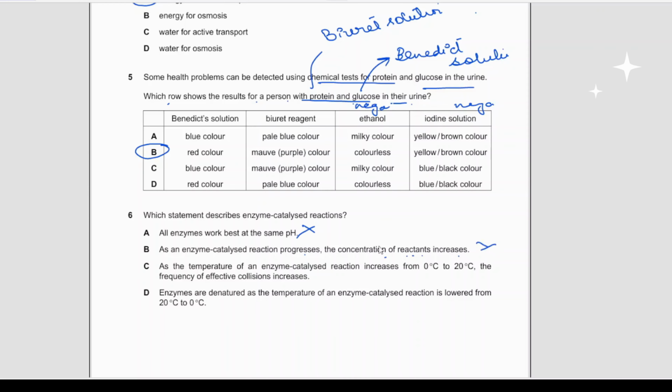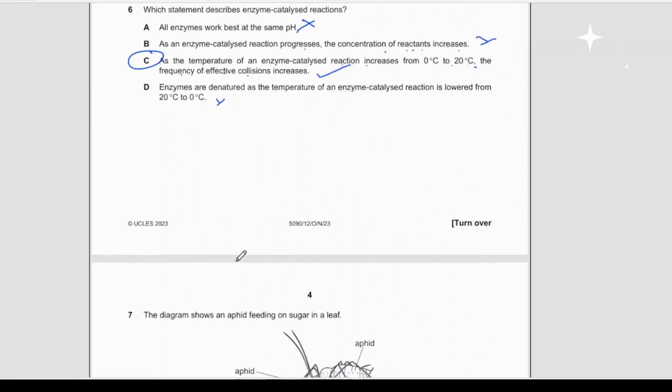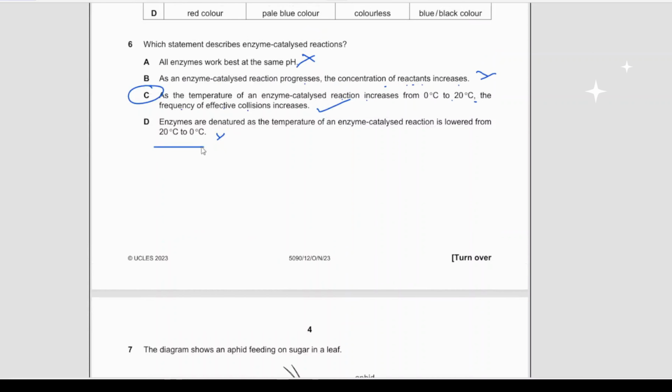No. As the temperature of an enzyme catalyzed reaction increases from 0 to 20, the frequency of effective collisions increases. Yes. Enzymes are denatured when the temperature is low. No. So the only correct answer is C. Seventh one. It gets denatured at high temperature, not at low temperatures.